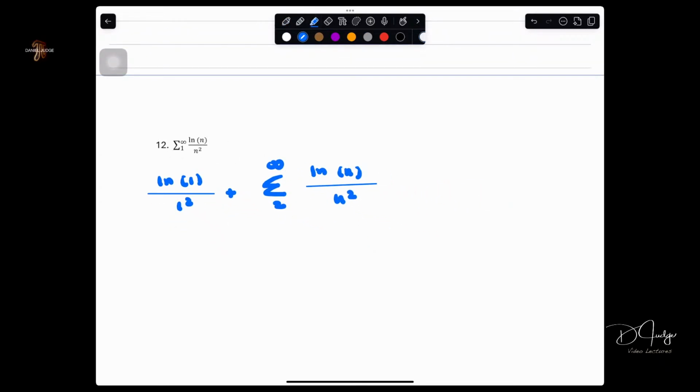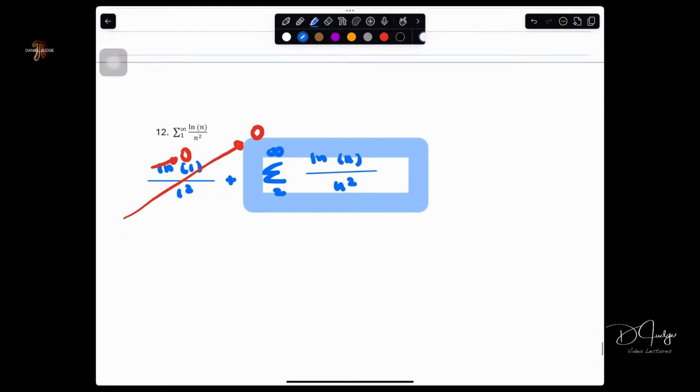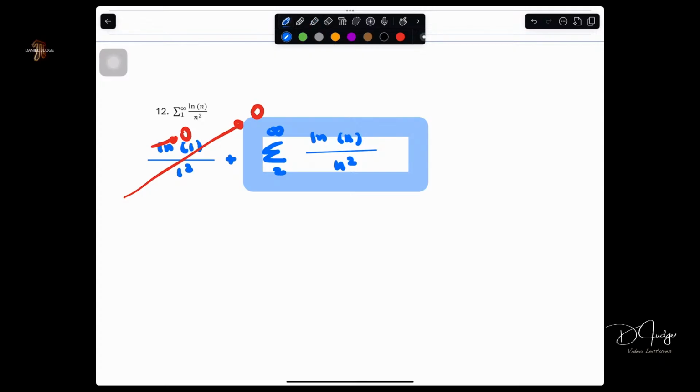So ln 1 is 0, by the way. This numerator is 0. 0 divided by 1 is also 0. So we're just going to look at the series here and try to find convergence or divergence.